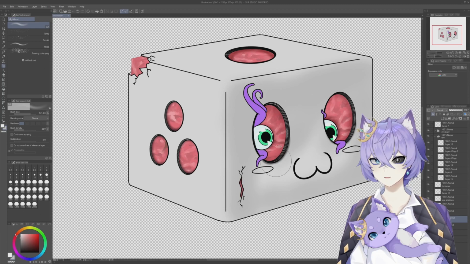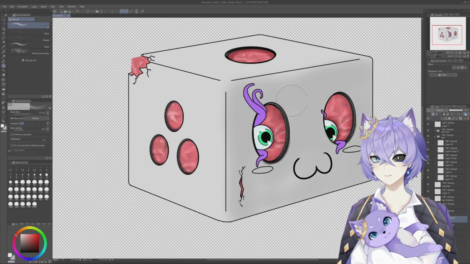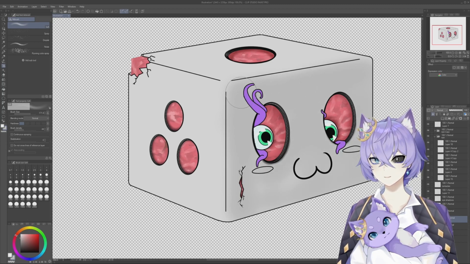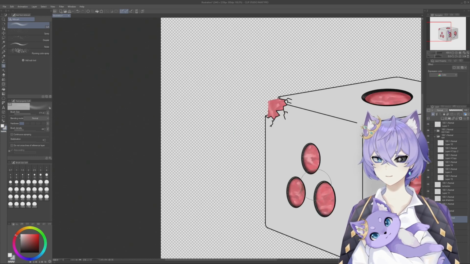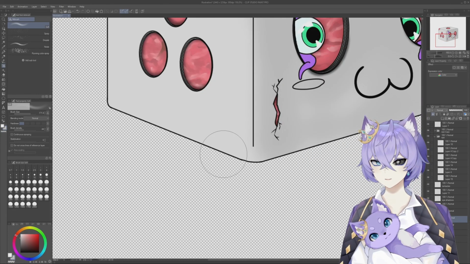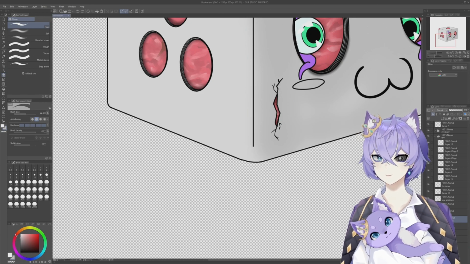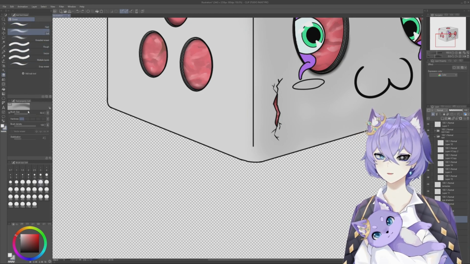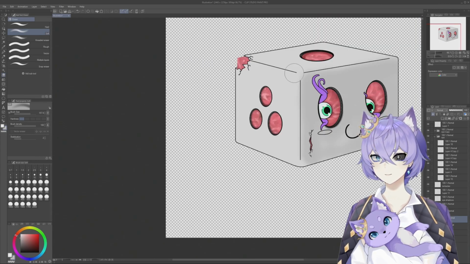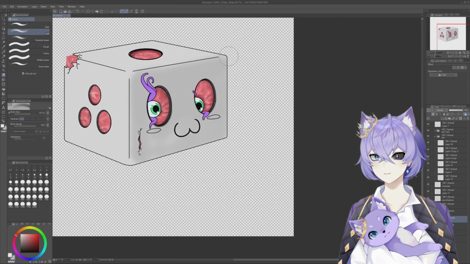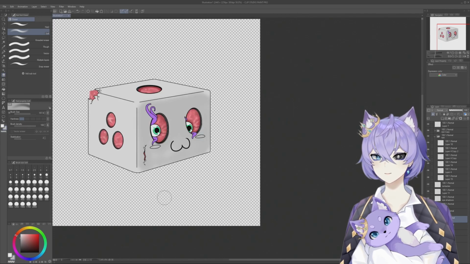On this side, at least. Just like that. Give me a soft eraser. Around the edges.